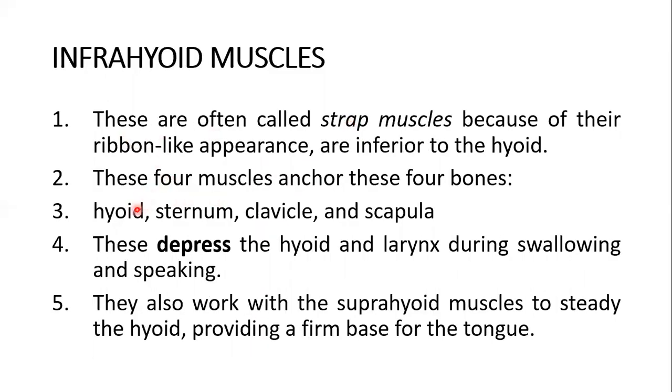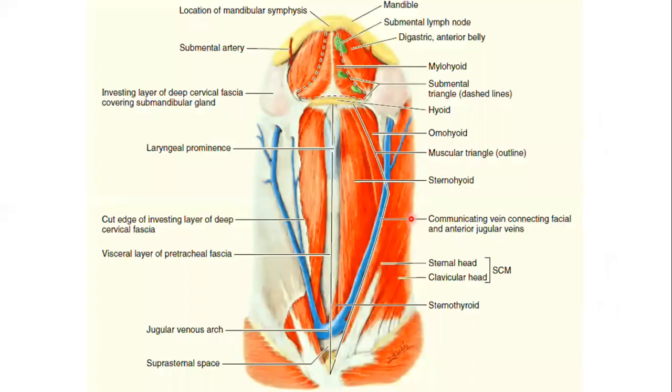The four bones involved are the hyoid, sternum, clavicle, and scapula. You can see this picture. This is the hyoid, and then the sternum, right? And this is the scapula, and then the clavicle.